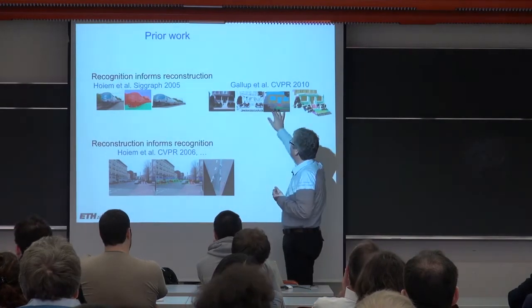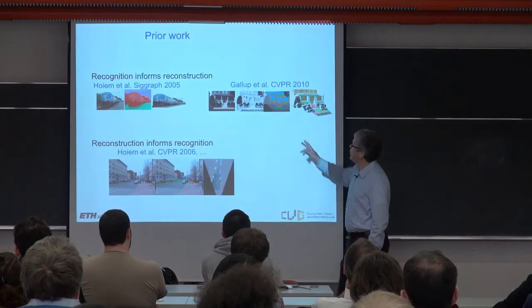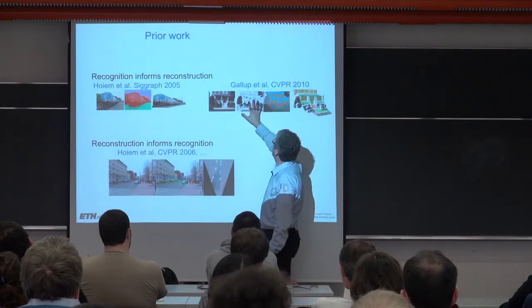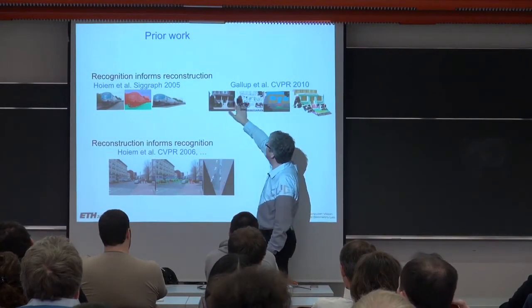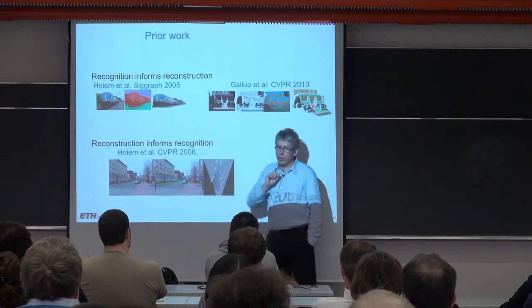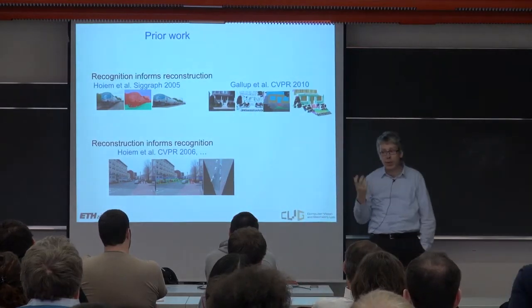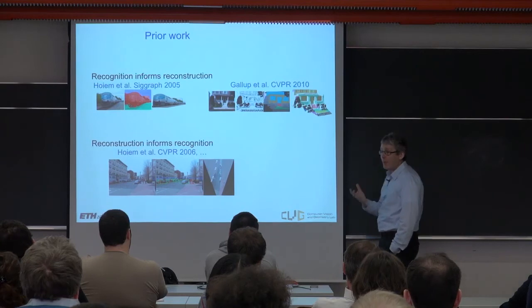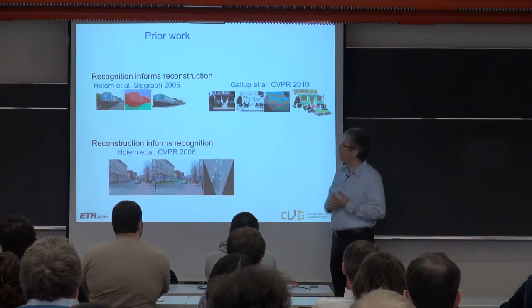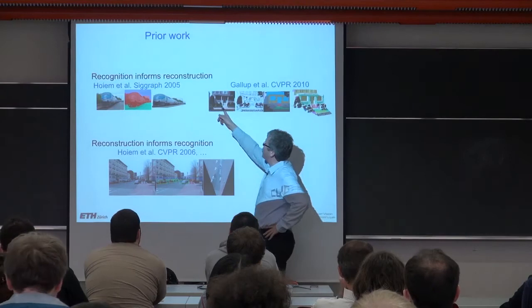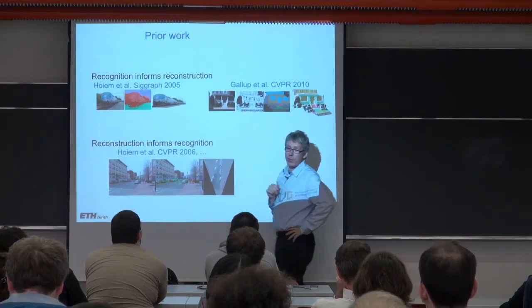Okay? We also did something in that space where we used recognition, where we would have the image, and from the image, we'd recognize which areas look like potentially planar surfaces or man-made structures, which typically are planar surfaces, and then more organic structures like the bushes and the vegetation here.